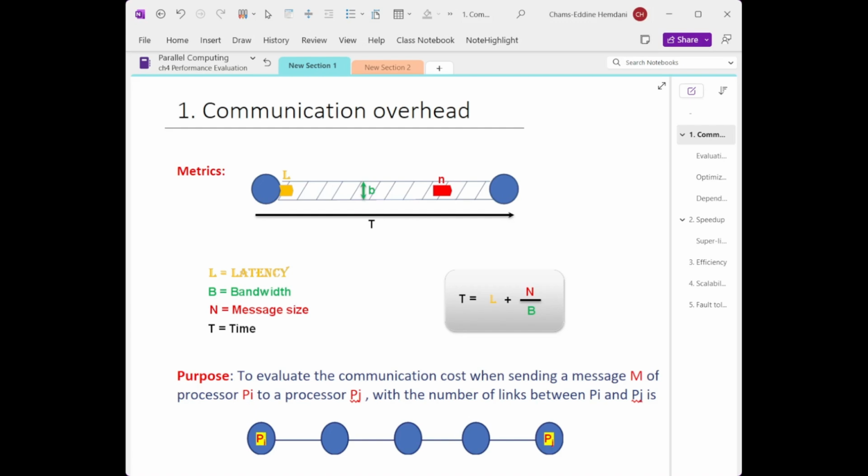You can see that the size of the message is in the numerator, so as much as the size of the message is high, as much as the time it takes to send the message is high. But the bandwidth is in the denominator, so as much as the bandwidth is high, as much as the time is less. This is the philosophy of calculating the time needed to send the message.